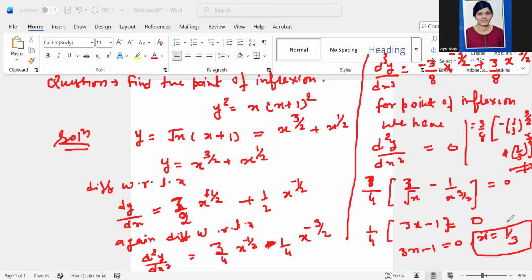Since a point of inflection is an ordered pair, that is the value of x and y, now we can calculate the value of y. We obtained y equal to plus minus 4 over 3 root 3. Thus the points of inflection will be 1 by 3 comma plus minus 4 over 3 root 3. Is that clear? Yes.